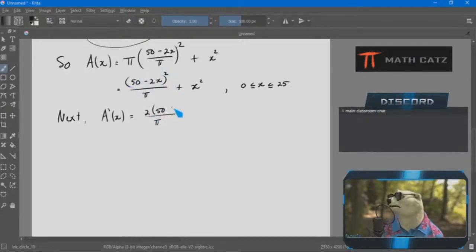Bracket squared, derivative is 2 times the bracket. And then the second part of the chain rule says times the derivative of that inside bracket function, which will be a -2. And we'll clean this up in a second. Then the derivative of x squared is, of course, 2x.